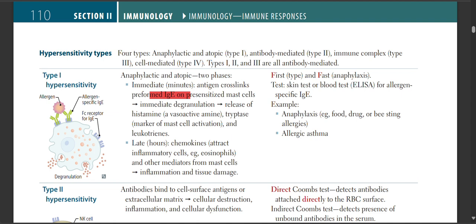What do you think will happen around that area? Maybe it would be raised, warm and red. Let's think about swelling. A lot of cells are coming in, they're bringing a lot of fluid, so you'll have a lot of swelling around that area. And this is one of the reasons why you get laryngospasm during an anaphylactic episode. So laryngospasm because of anaphylaxis.